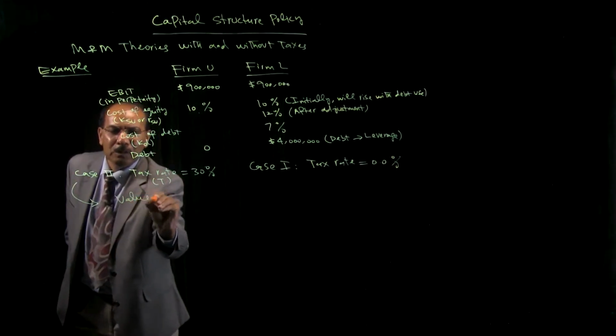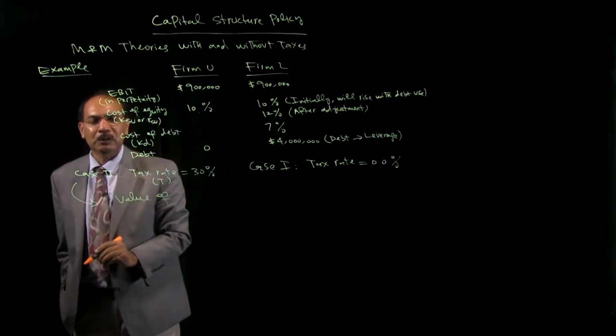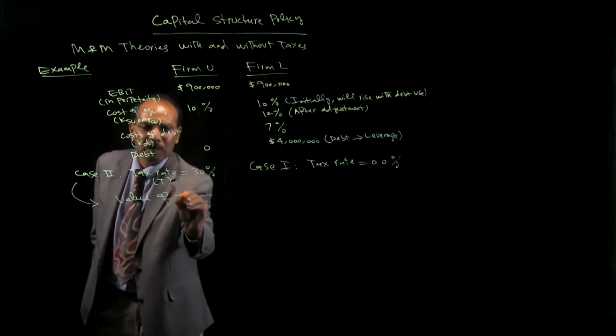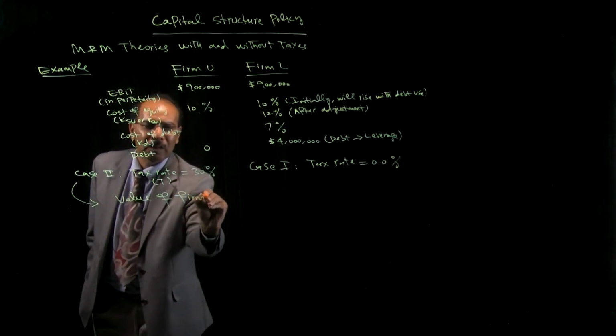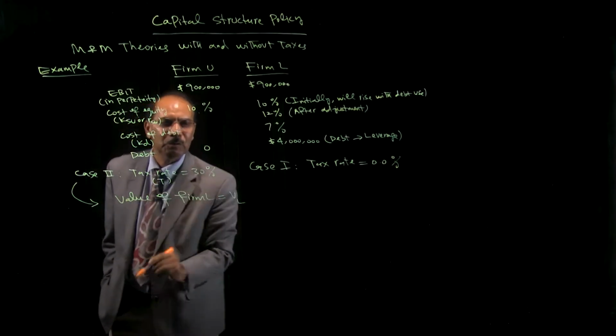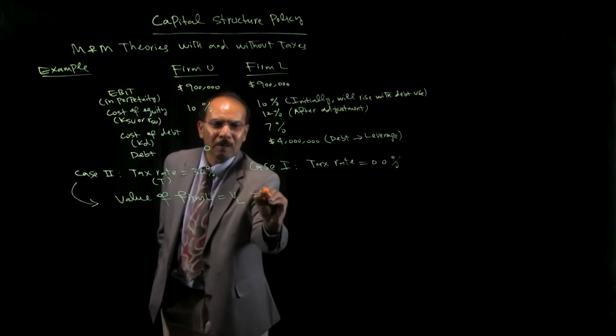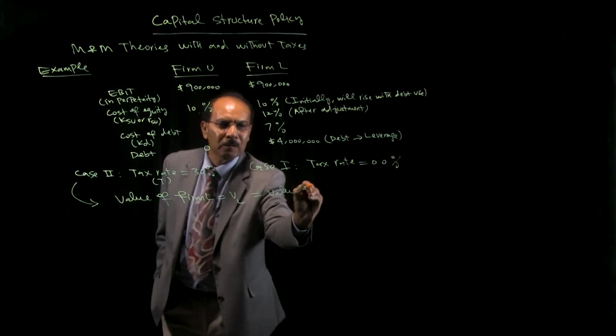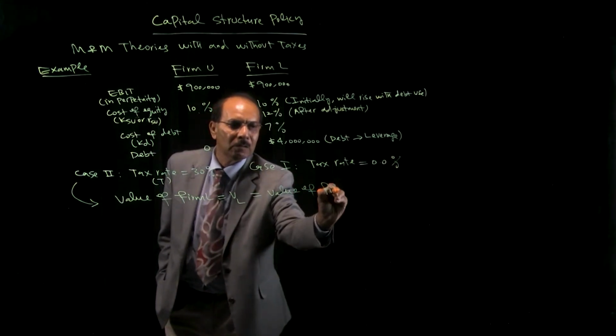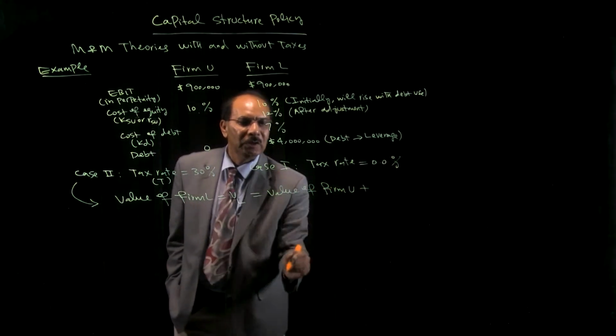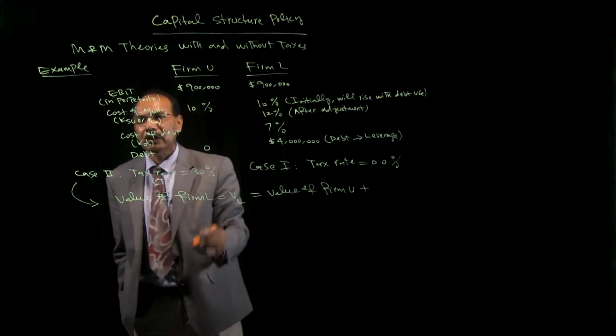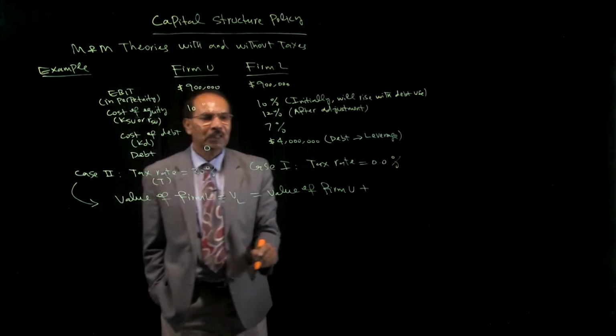So what is going to be the valuation differential of the two firms? So value of firm L, we're going to call it V sub U, should be equal to the value of this identical firm because they have the same earnings.